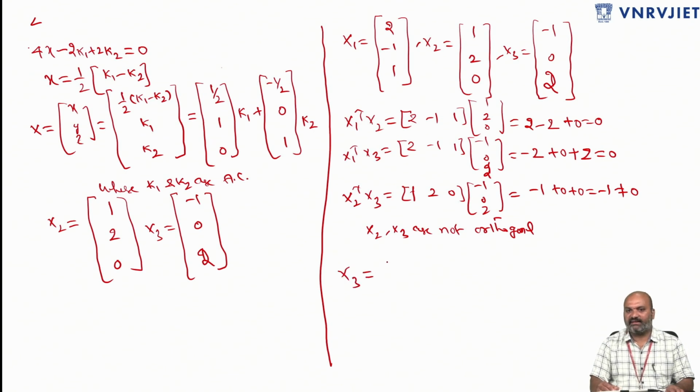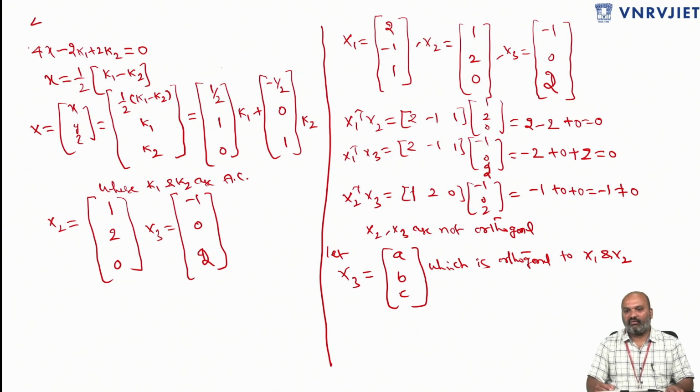I am removing x3 and replacing that x3 eigenvector with an unknown eigenvector, say a, b, c. Let x3 be equal to a, b, c, which is orthogonal to both x1 and x2.